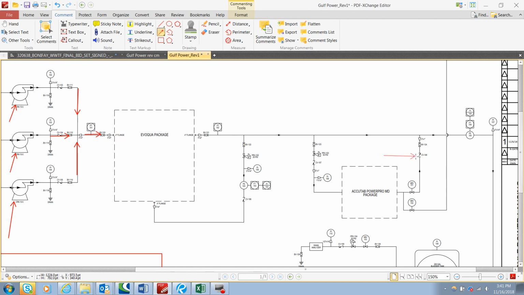We said this symbol is a check valve. This symbol is a ball valve. This symbol here is a valve. Remember, we said 2 triangles pointed together is a valve. We got this thing here. That's actually a pressure reduction valve, a pressure reducing valve.